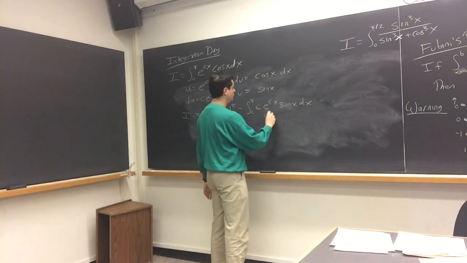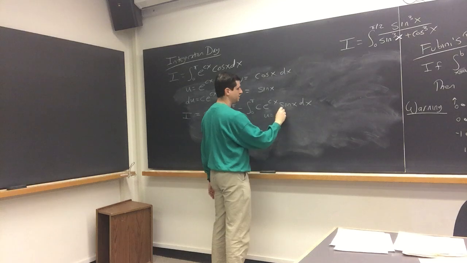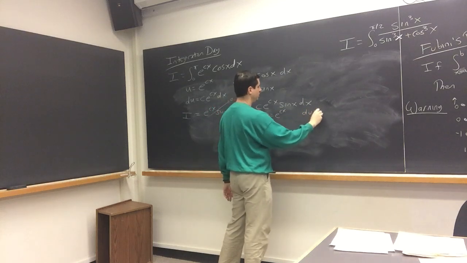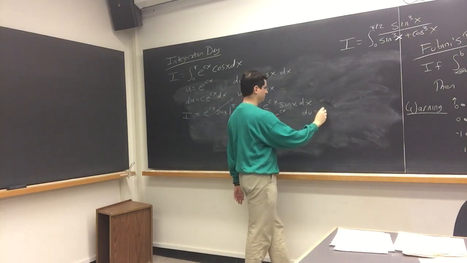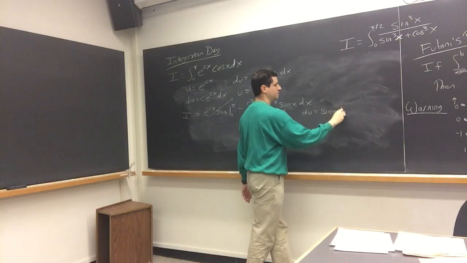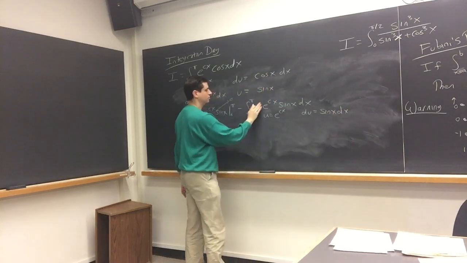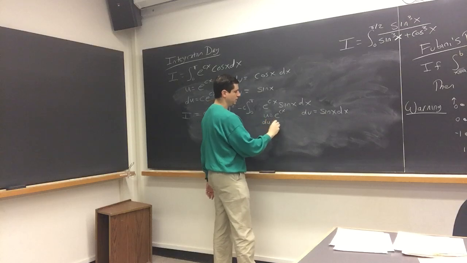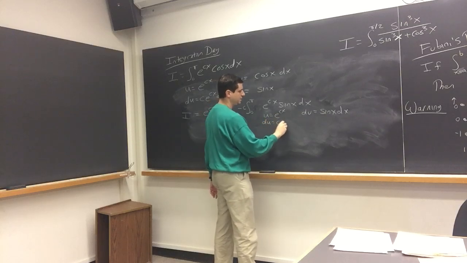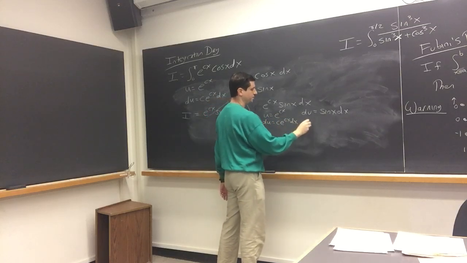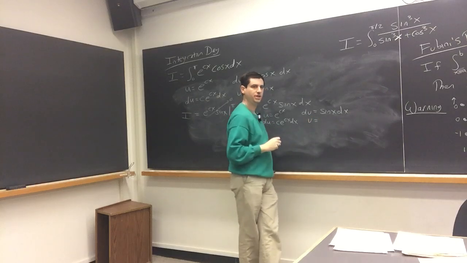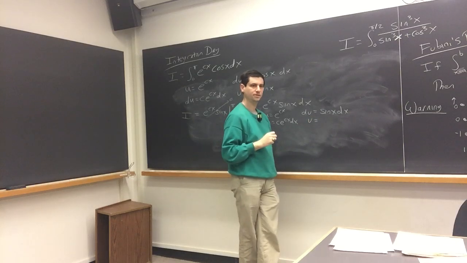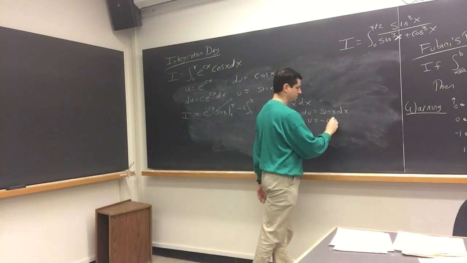So now u will be e to the cx again. dv now is going to be sine of x dx. I'll pull the c outside the integral. I'll then get du is c e to the cx dx. V, what's the antiderivative of sine? Negative cosine of x.